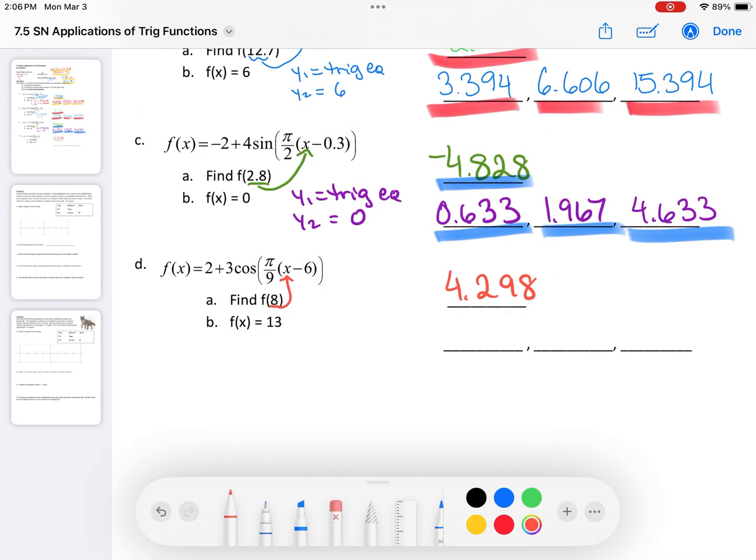So here, there are no solutions. That is a possibility. There will always be an answer to f of something, but there may not be solutions if there are no intersection points.